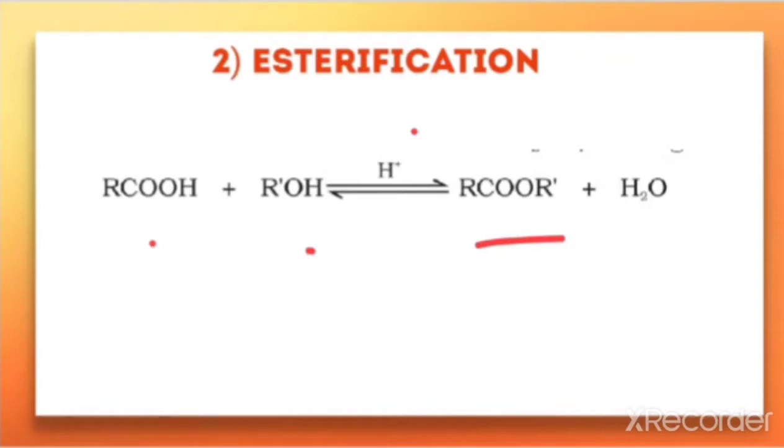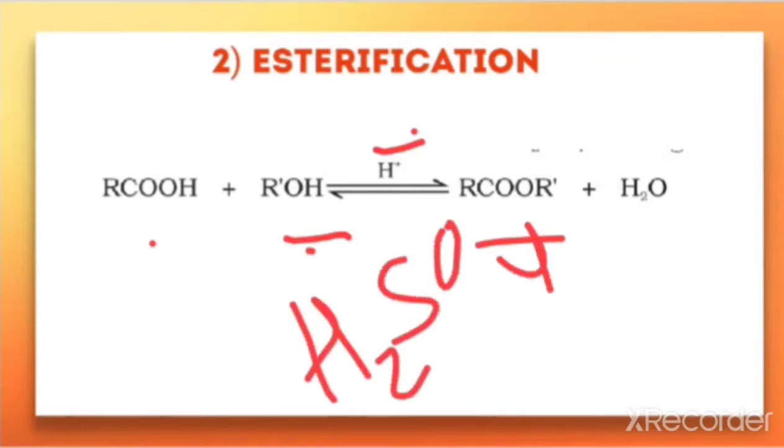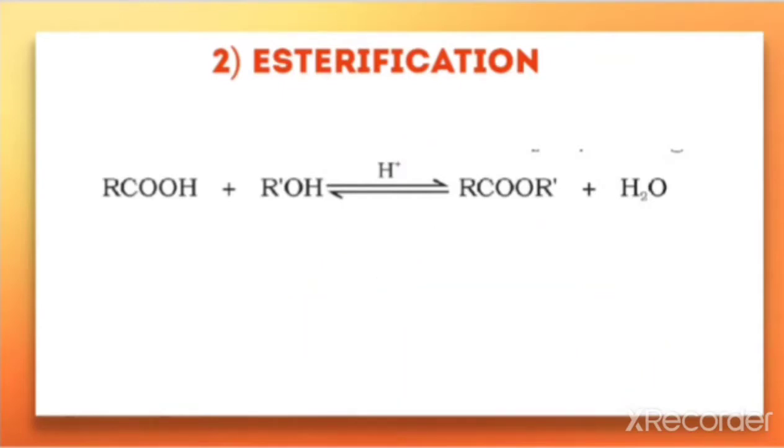That is, the carboxylic acids are esterified with alcohol in the presence of H plus, that is a mineral acid such as concentrated H2SO4 or HCl gas, which acts as a catalyst here. That results in the formation of an ester. Now how will you make this product? We have already discussed this reaction during the properties of alcohol.